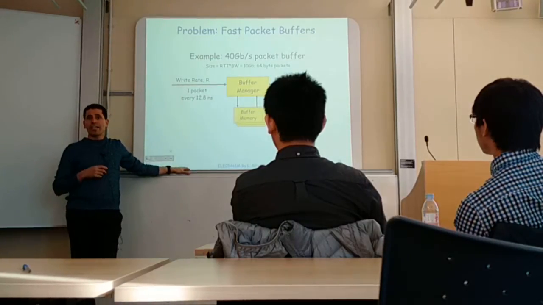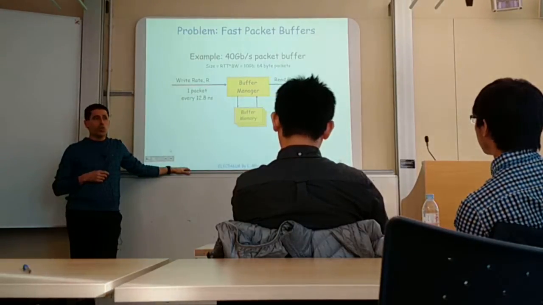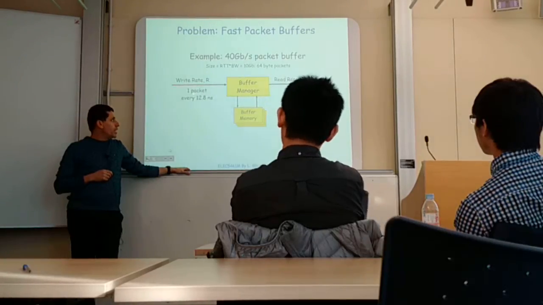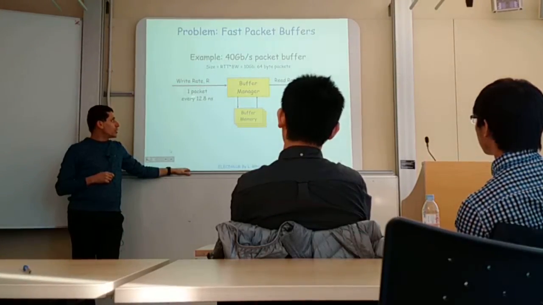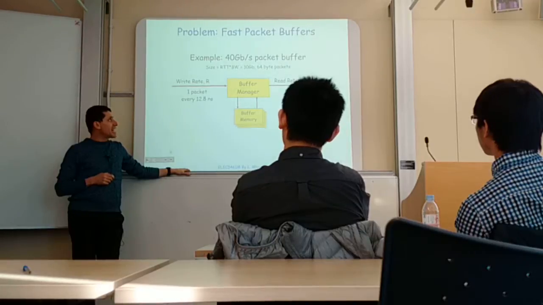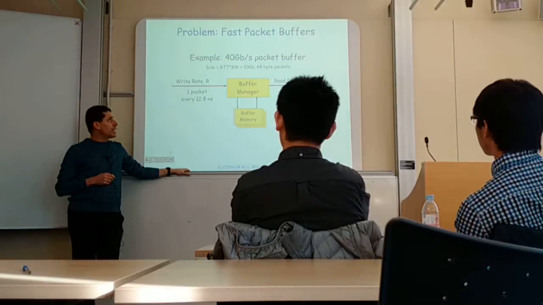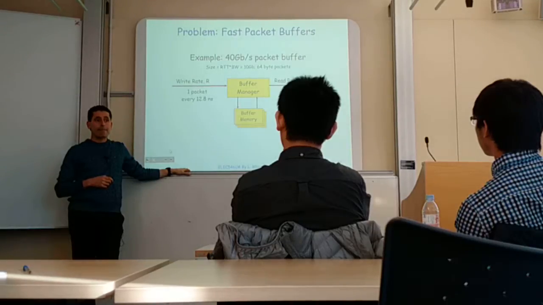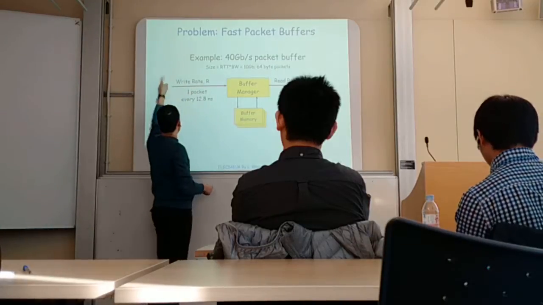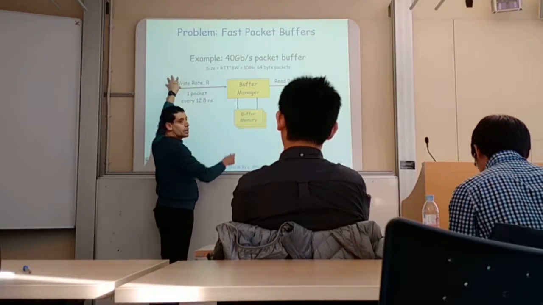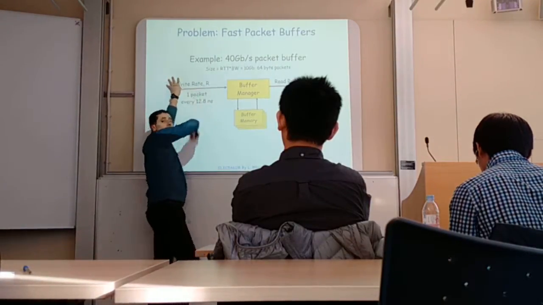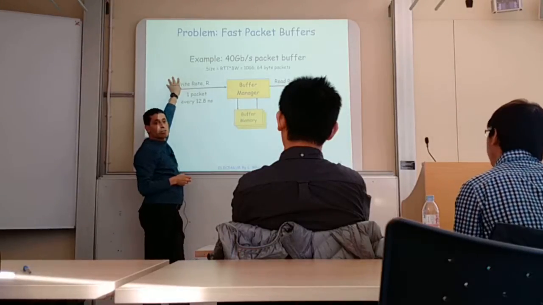Do you know how you find that out? The write rate, or the access rate, is the packet size over the link speed, over the bandwidth. The packet size is 64 bytes. I'm getting packets here, each one of them of size 64, and this link carries 40 gigabit per second.